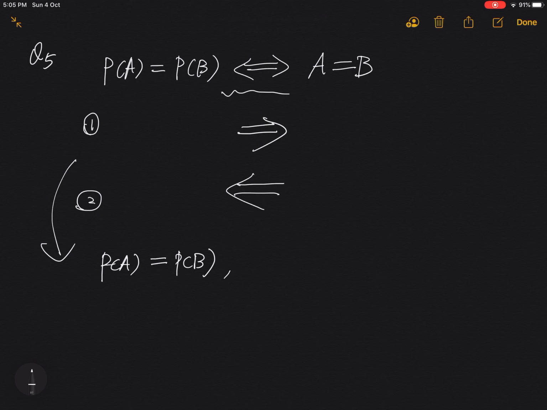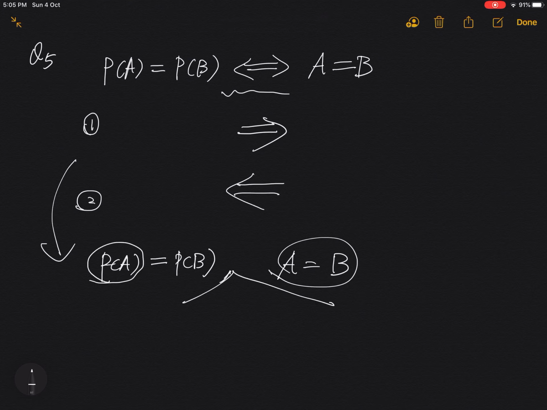Which means A is equal to B. But you need to write down, since we have the power set of A equals power set of B, and the power set equals the set of the subsets of a set, right?